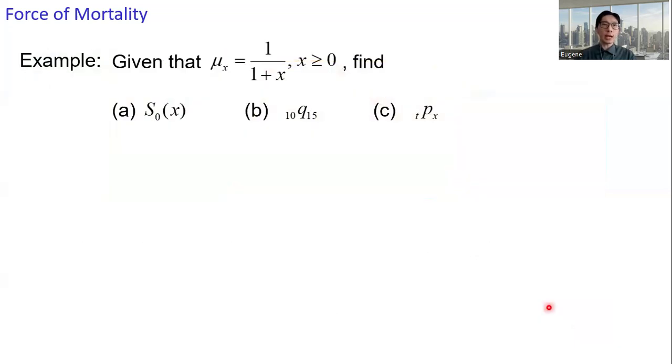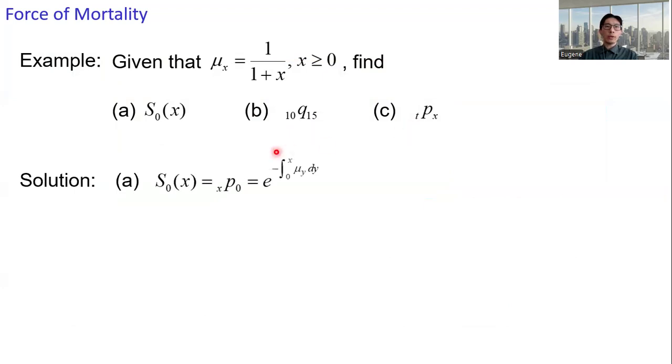All right, the first example, given that mu x equals 1 over 1 plus x, and then we would like to find S0 of x, 10q15, and the expression for tpx. All right, so part A, S0 of x, which is xp0, and we get this relationship.